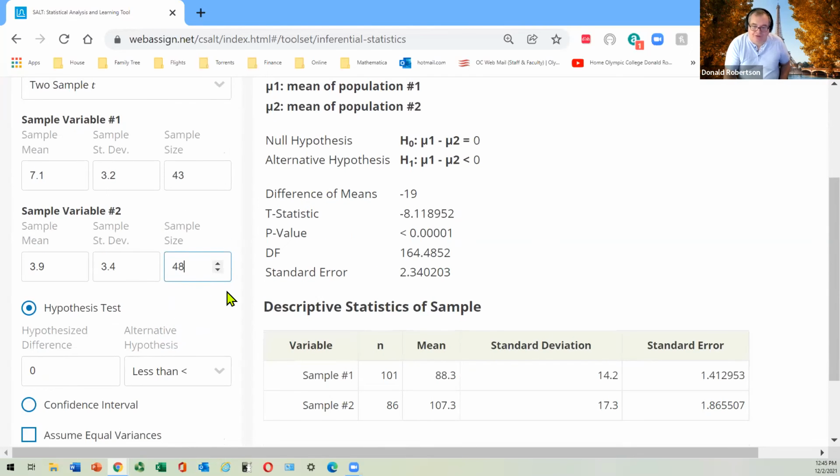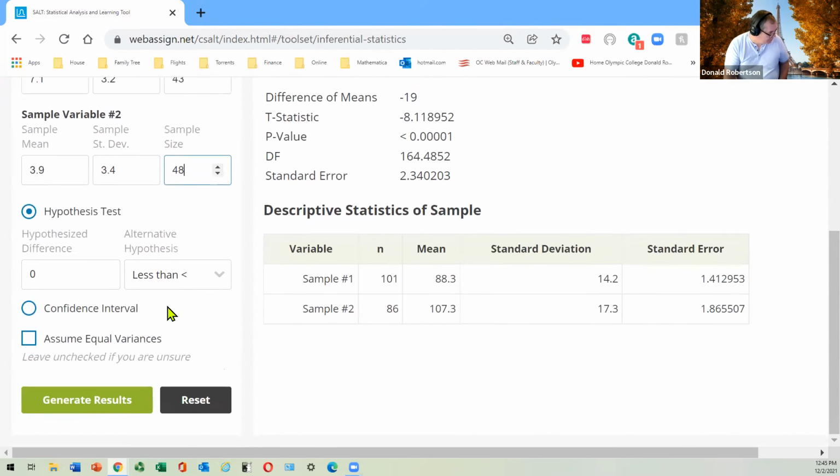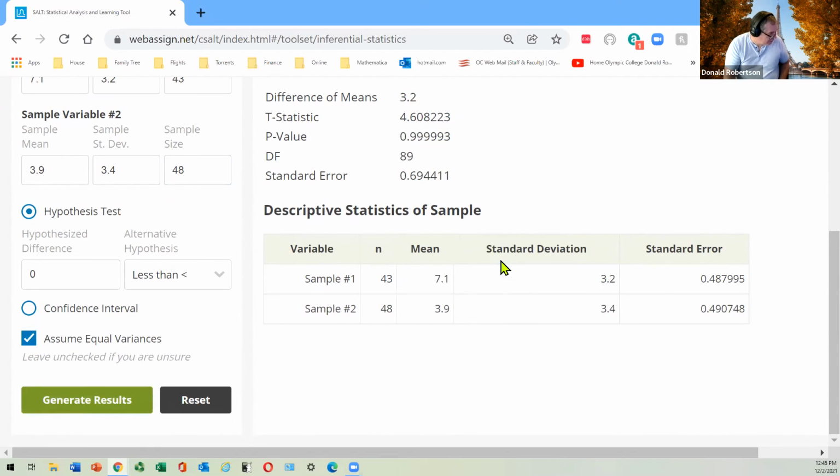Now, they mentioned in the question, use a pooled test. So that means click on that box. Are we good? Okay, so let's generate results.